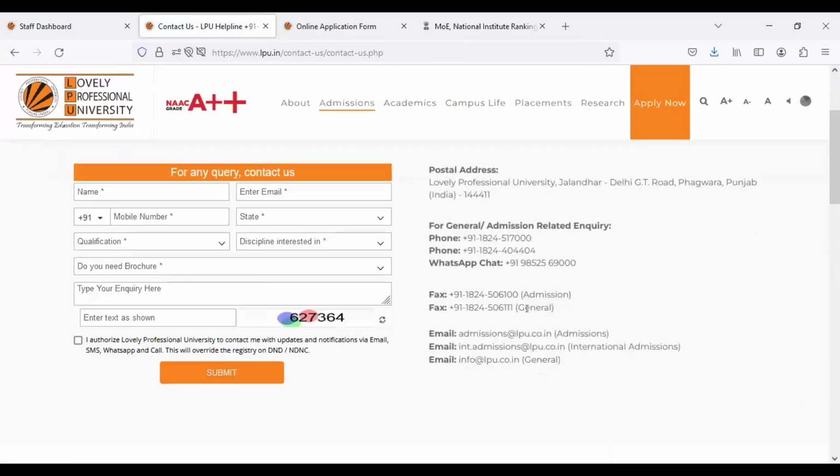If you have any admission query, you can choose any number, the first one or the second one. We also have a WhatsApp chat number. And if you want to mail us, it is admissions at the rate lpu.co.in, admissions in plural. For any query, we are there.